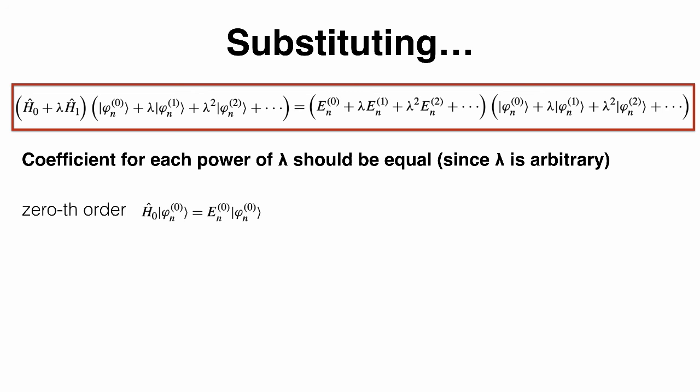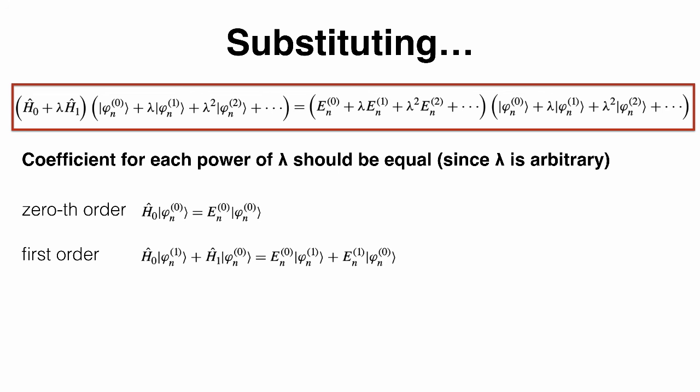So basically what it says is that at 0th order, the solution for the ket of the full system is the same as the ket of the unperturbed Hamiltonian, and the energy is the energy of the unperturbed Hamiltonian. This is not really surprising. That's simply saying that this is the exact solution when lambda is equal to 0, and we already knew that. So we suppose we can solve that problem, as we said at the beginning of this lecture.